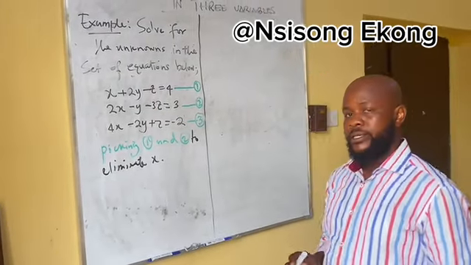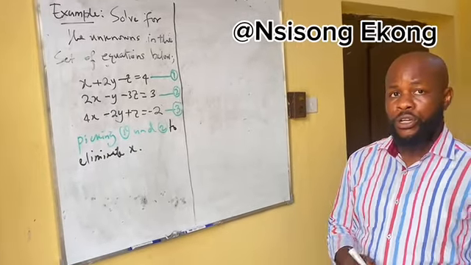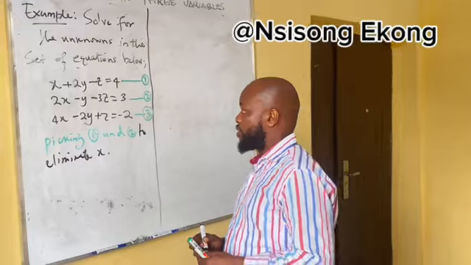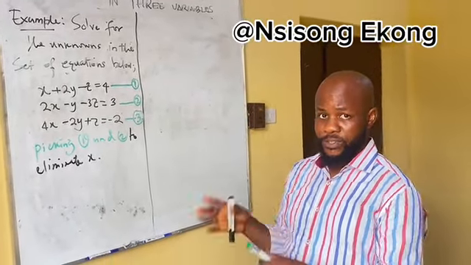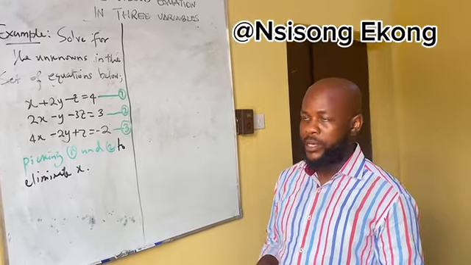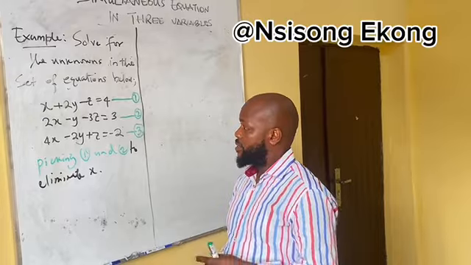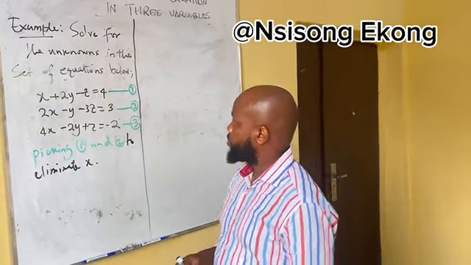Like I said earlier, the variable you wish to eliminate is at the discretion of the person solving the equation. You can choose to eliminate any of them first. And one thing you have to bear in mind is that the one you choose to eliminate in the first stage must be the same one you're eliminating in the second stage. Now that we're eliminating x, in the second stage, when we are picking another pair of equations, we'll still eliminate x.